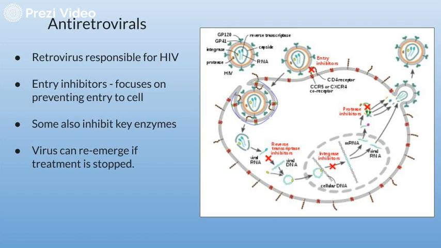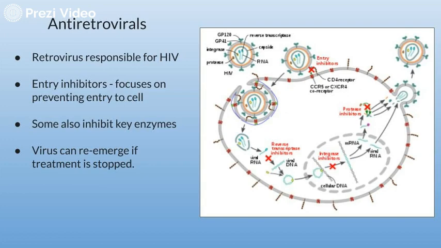So they're entry inhibitors, and you can actually see this in the image. At the top, where you've got a virus particle trying to bind onto the cell surface, there's a little cross, and it says entry inhibitors. So this particular drug will prevent that virus particle from attaching to the cell and being taken into the cell. And if it can prevent the entry, it can actually prevent the reproduction of that particular virus.